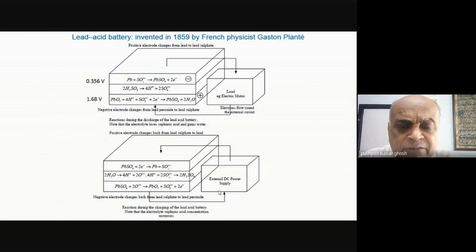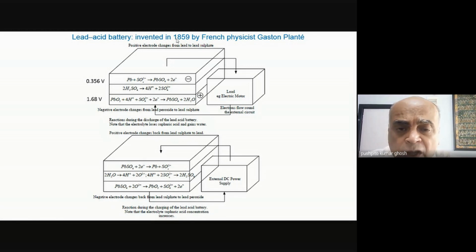The entire revolution of rechargeable battery began with the lead acid battery, which was invented in 1859. So you're talking about 163 years since the invention of the lead acid battery, and the battery is still going strong.